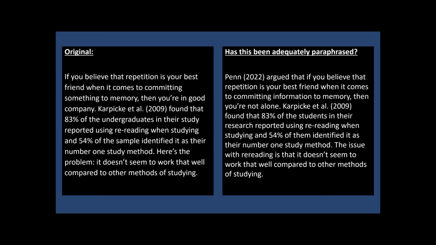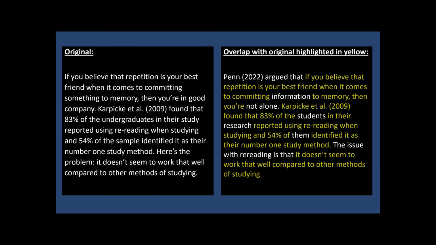But if you are concerned about whether you've adequately paraphrased a source, here's a simple litmus test that you can apply. A useful way of determining whether a passage of text has been adequately paraphrased is to begin by highlighting any overlap between the paraphrased text and the original text.